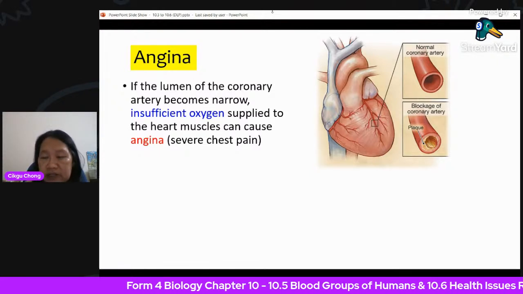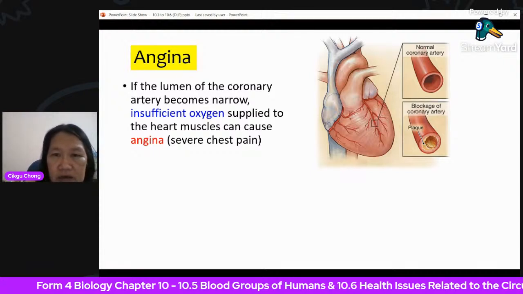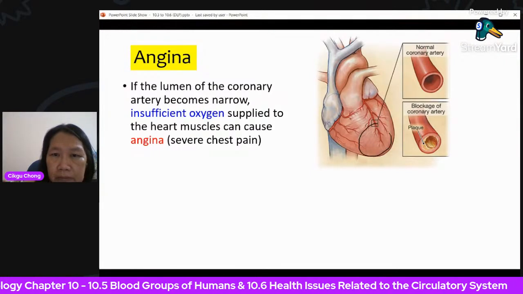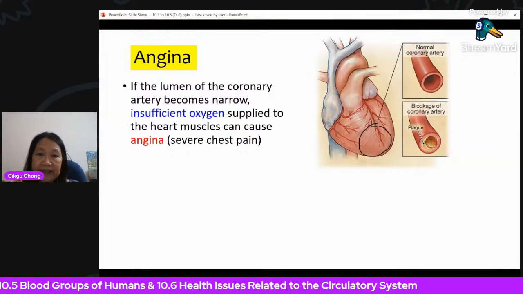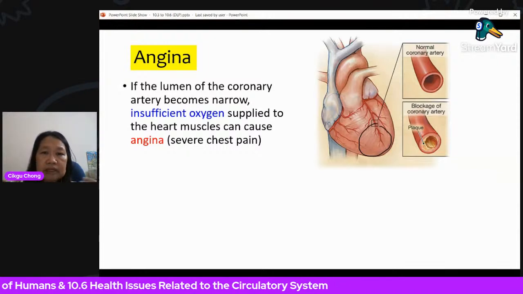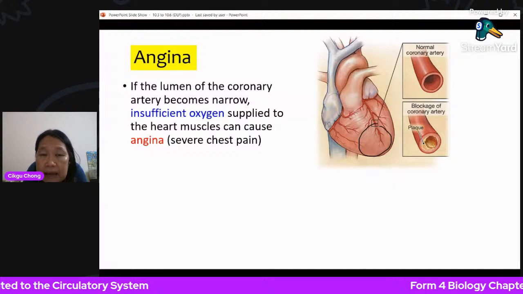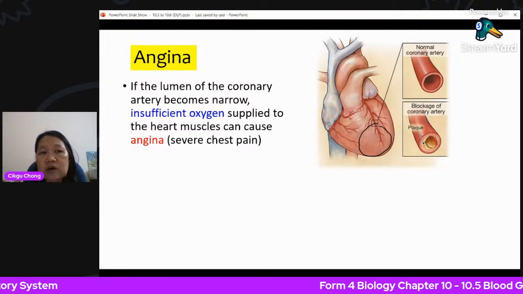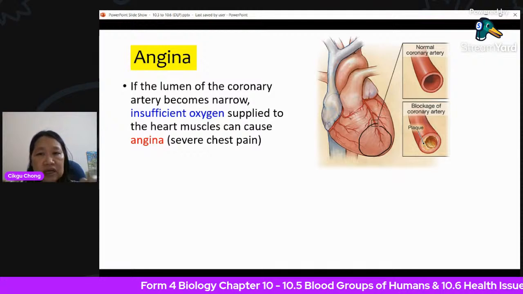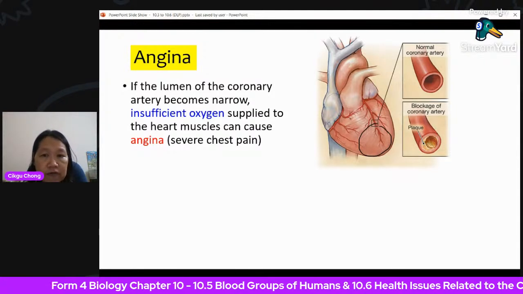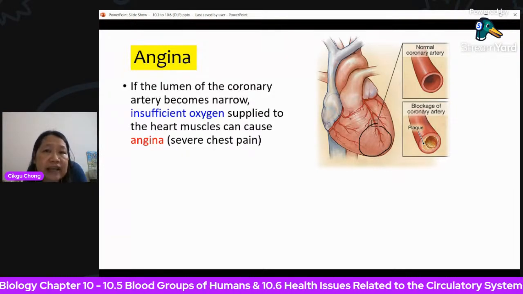Then the muscle over there, for example here, cannot pump. Here the tissue is already dead. So it doesn't pump, that means your blood is not flowing, right? Before it happens, you have the heart pain there. That is called severe chest pain. It's called angina. It's also caused by all this blockage, because blood cannot flow.